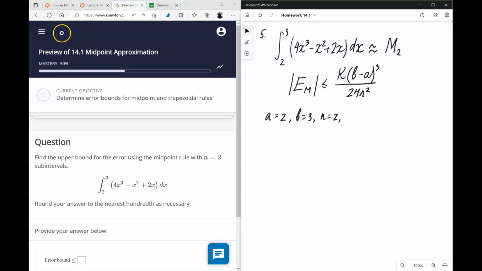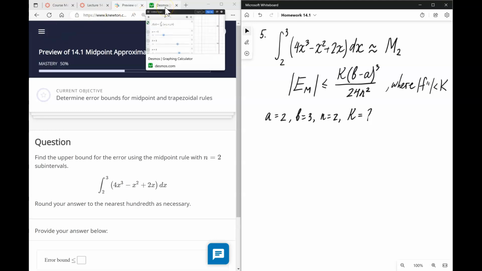N is given to be 2. So the only thing that we don't know in this formula is the value of k, but k is the upper bound of the second derivative of the function on this interval.